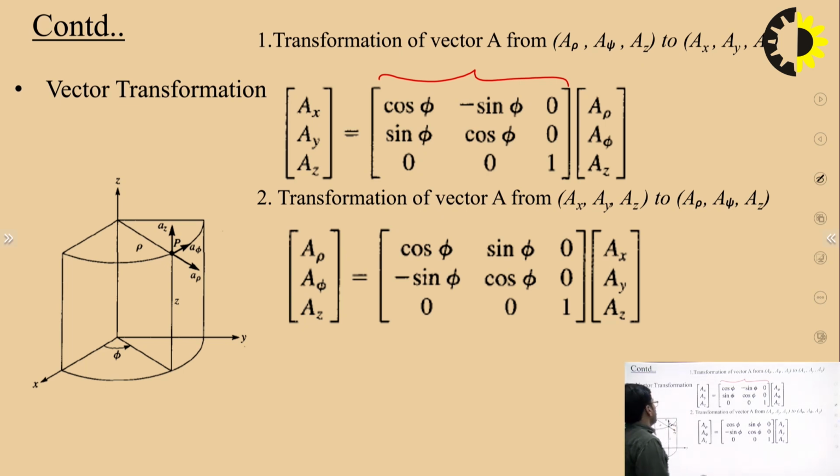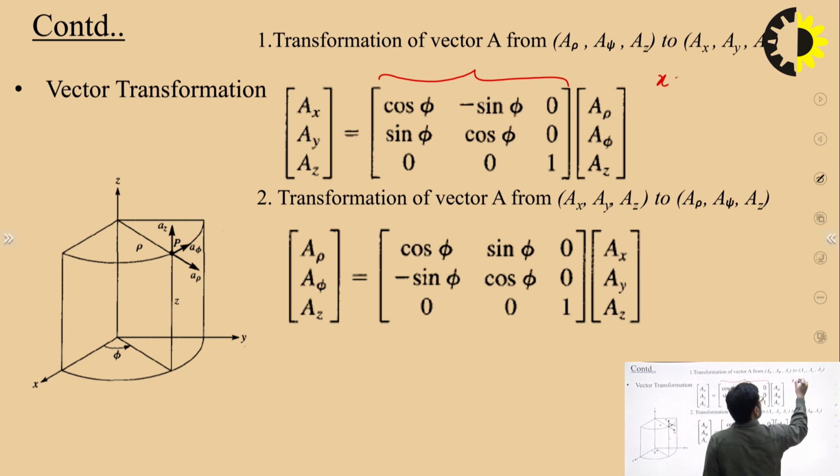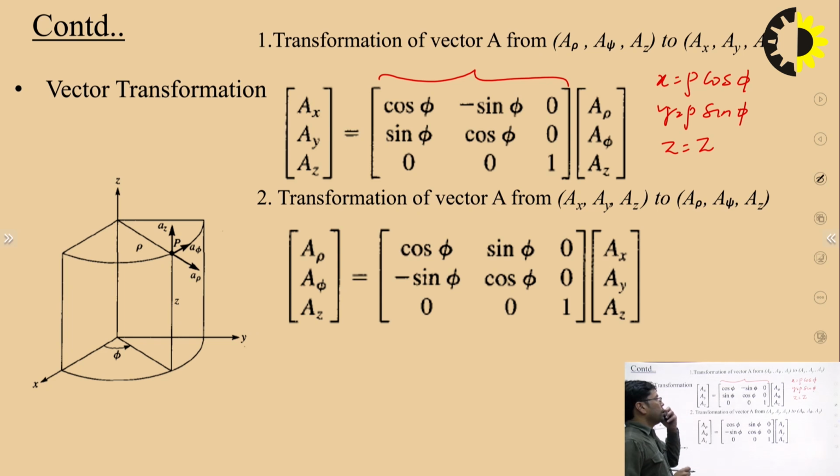So, as I know, x is equal to rho cos phi, y is equal to rho sin phi, and z is equal to z, right? So, how can you remember this matrix that transforms the cylindrical coordinate system into the Cartesian coordinate system?